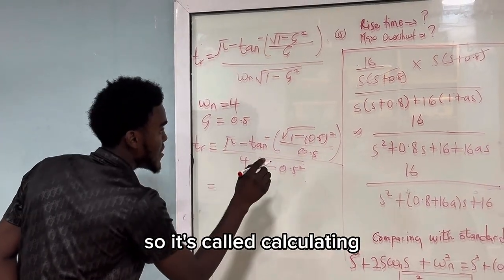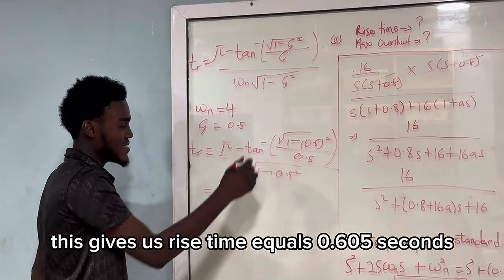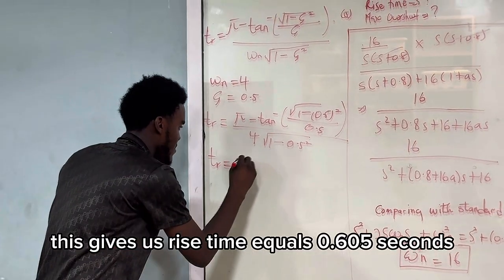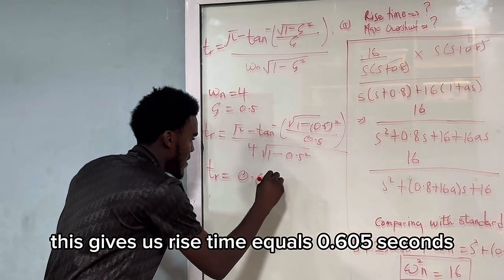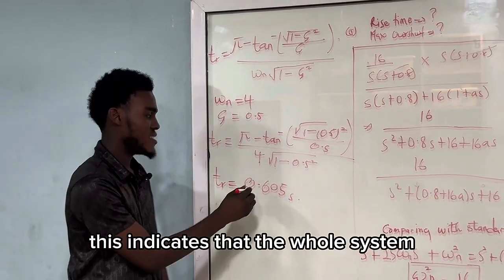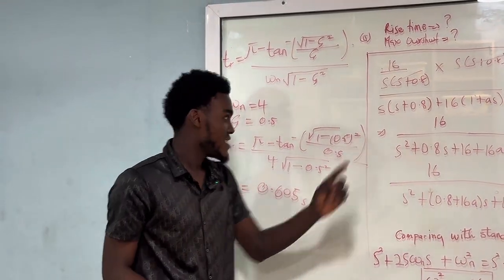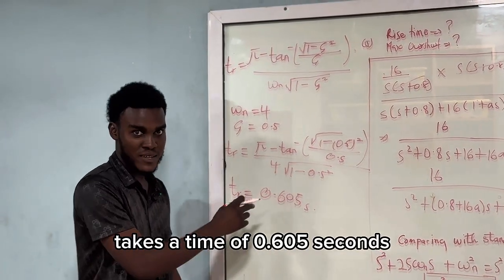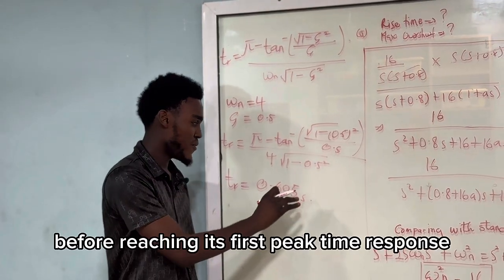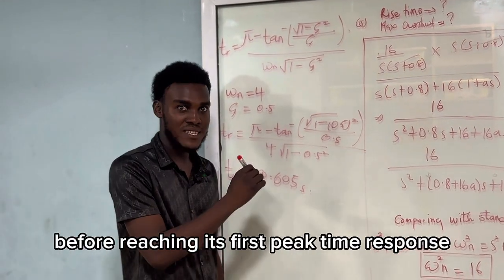Calculating this gives us a rise time of 0.605 seconds. This indicates that the system takes 0.605 seconds before reaching its first peak response.